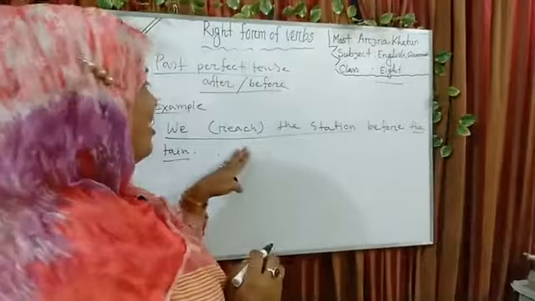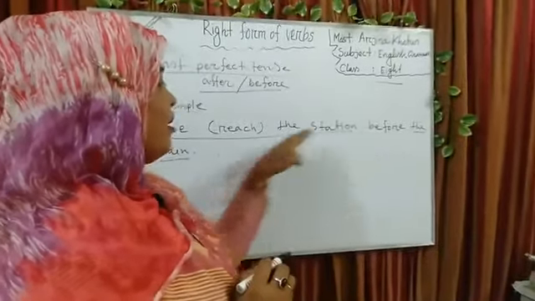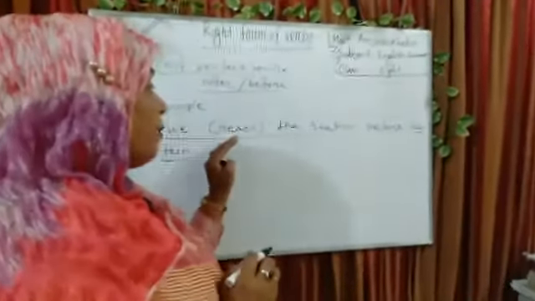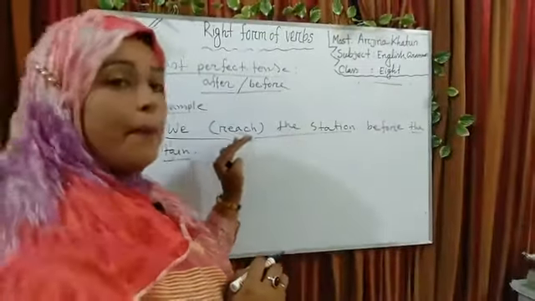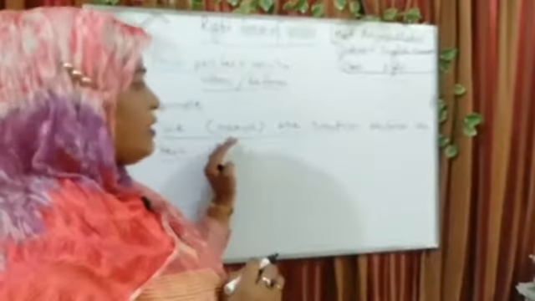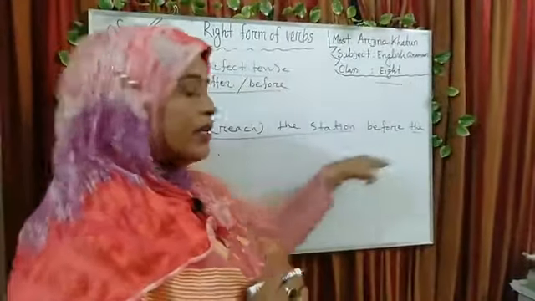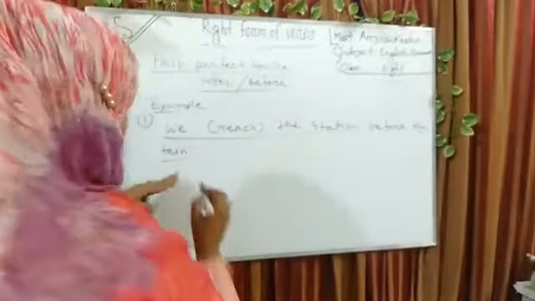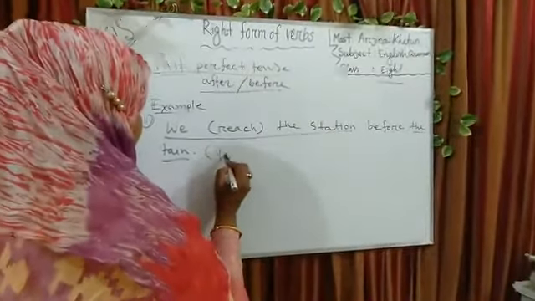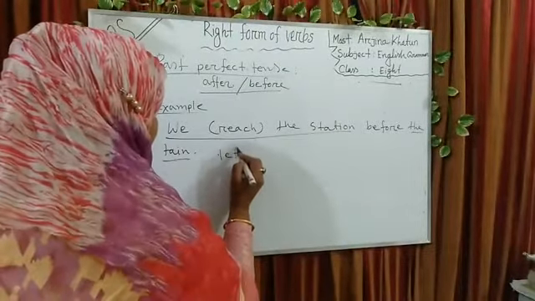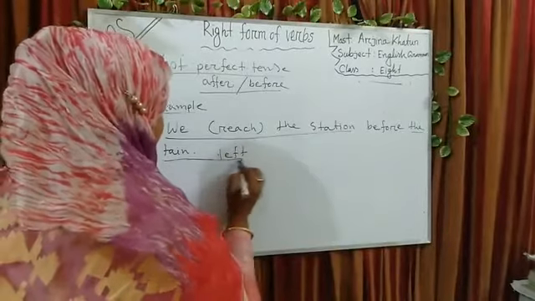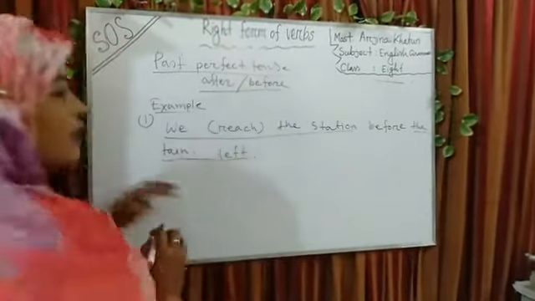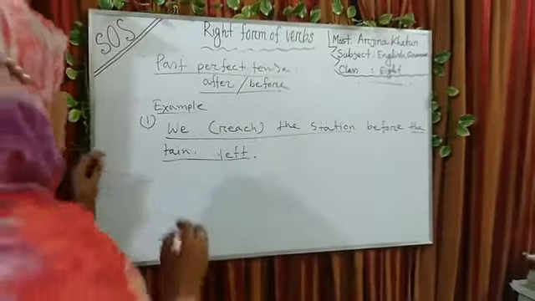Okay, dear learners, when before is used, obviously the before sentence is past perfect tense, and the after sentence is past indefinite tense. The train left. This is the past indefinite tense.